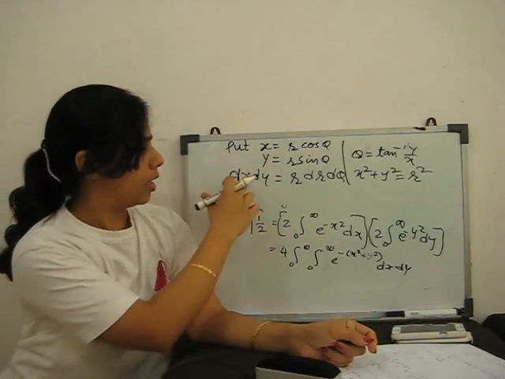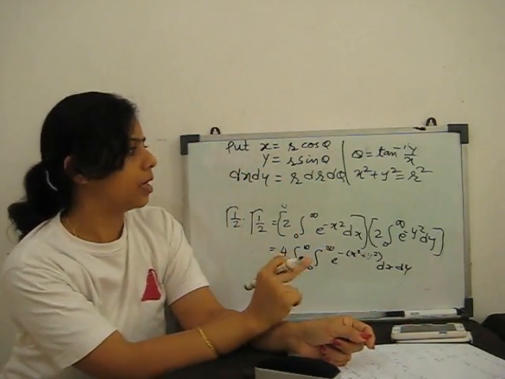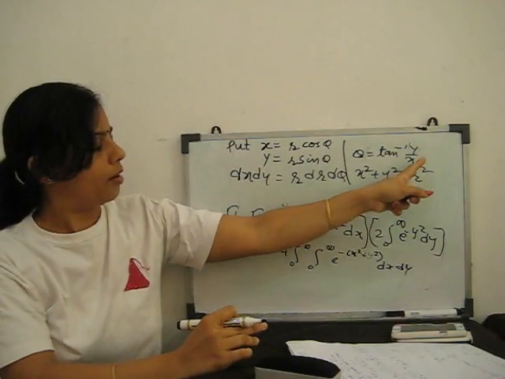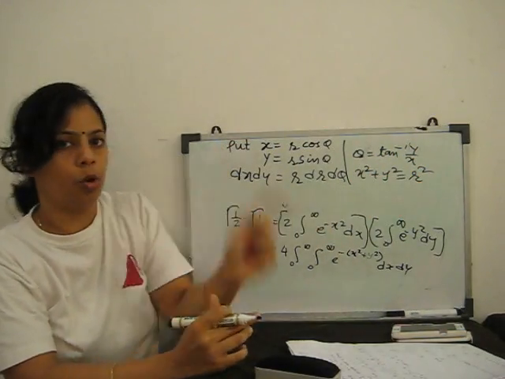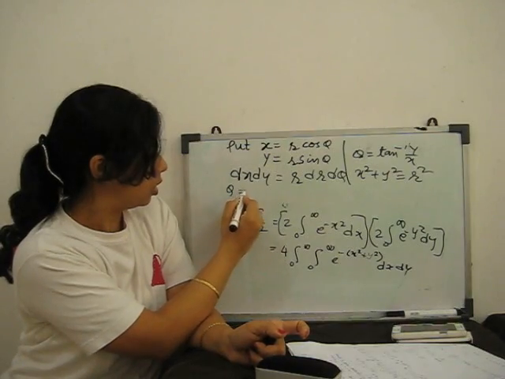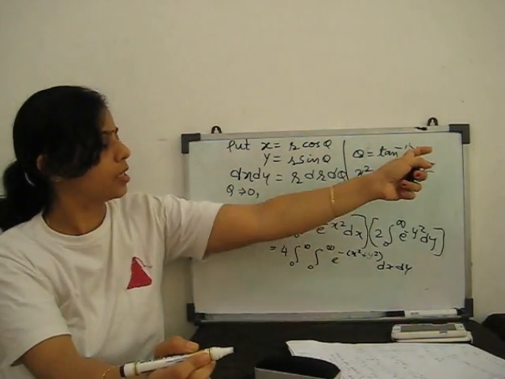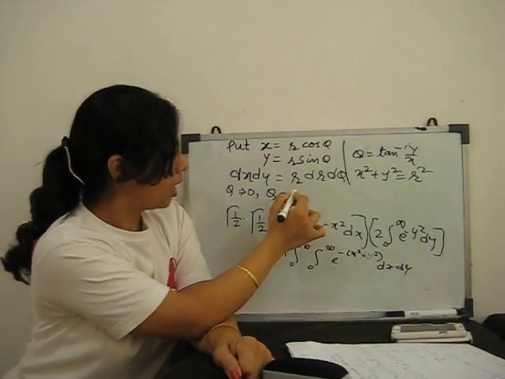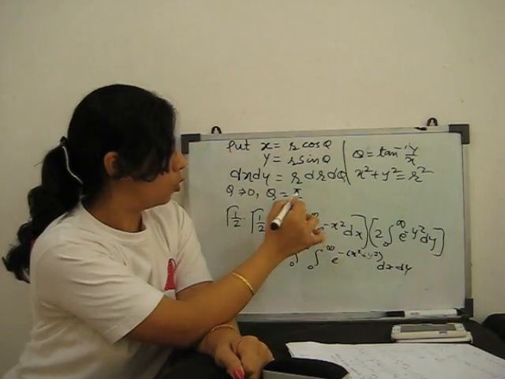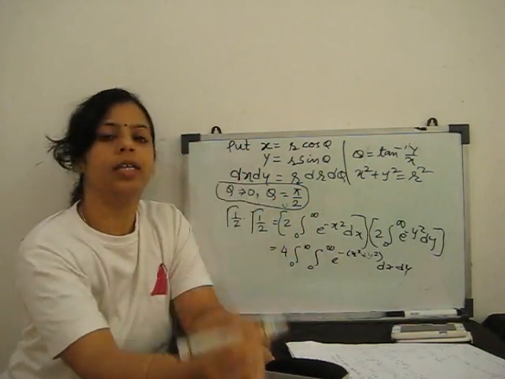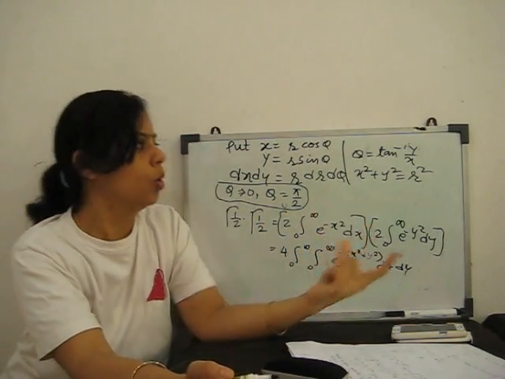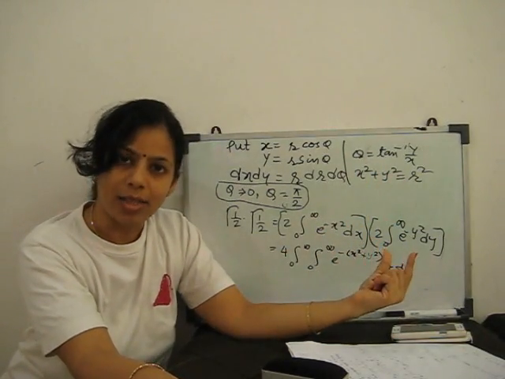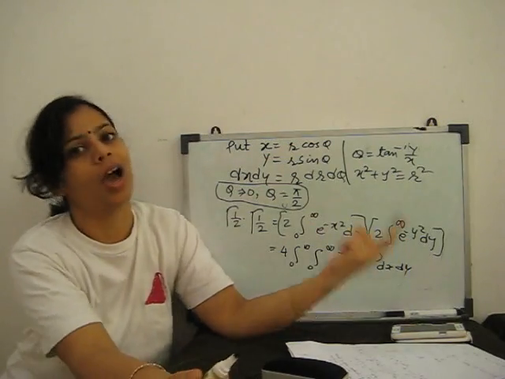So now last thing, finding the limits in terms of r and theta. When x is equal to 0 and y is equal to 0, tan inverse 0, so theta is also 0. Similarly, when x is infinite, tan inverse infinite is equal to pi by 2. Hence, the limit for theta goes from 0 to pi by 2. Second, x square plus y square is 0 when x and y are 0, so r is 0. When x and y are infinity, r is also infinity.